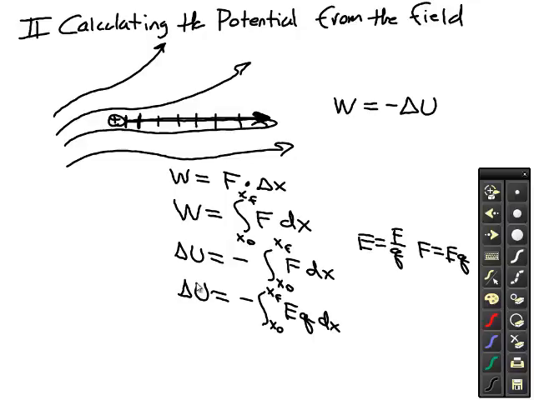How can I change that equation into the change of potential? In other words, I want the potential difference equation. What's that going to look like? Yeah, drop the q's. If I divide both sides by q, by definition I have delta V equals negative integral from x naught to x final of E dx. Because remember, delta V equals delta U divided by q.